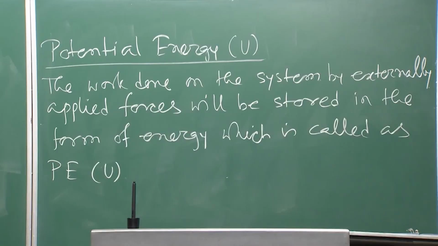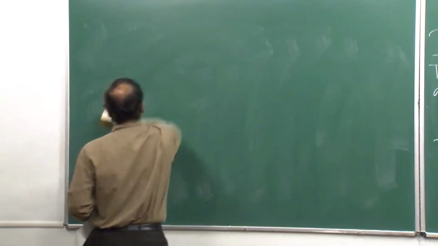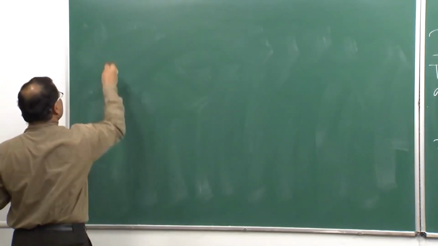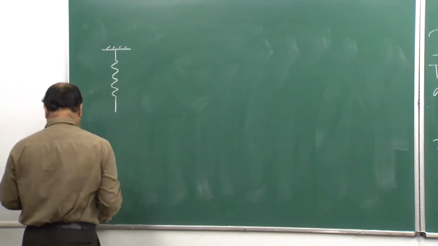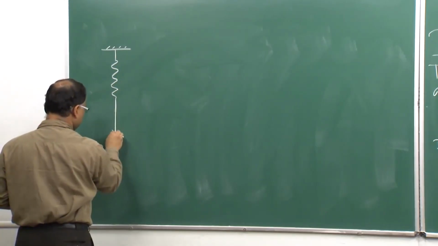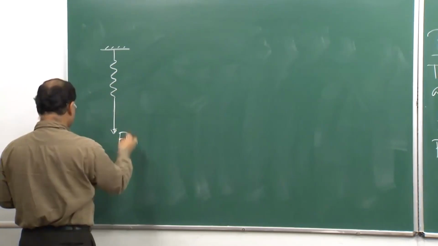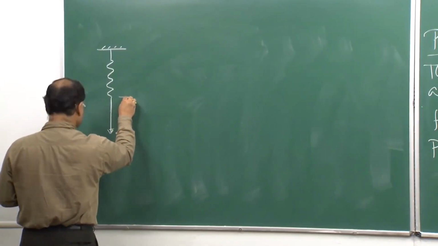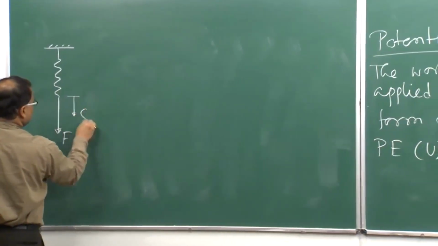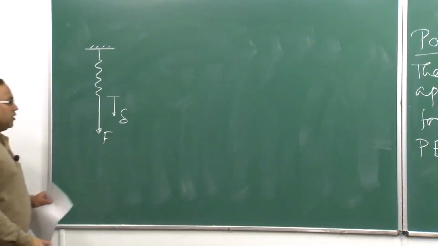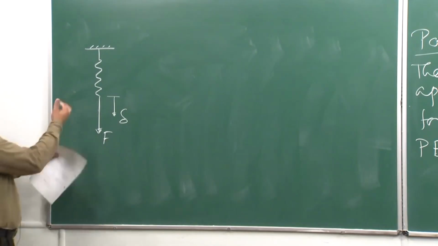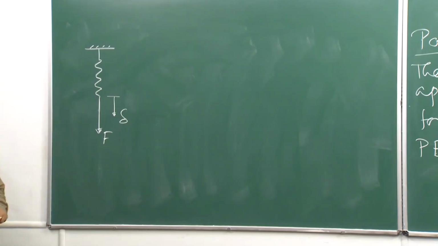Now, if you take the same example we just took to define the conservative system, the spring system, this is the spring. You are applying force here, and because of that, say you are getting some deflection delta. It may be a linear spring or a non-linear spring, it could be anything.